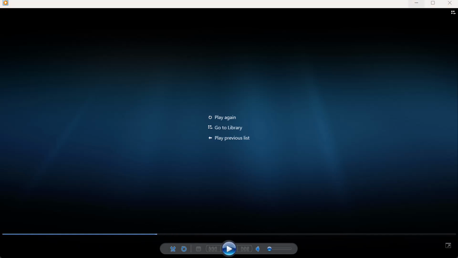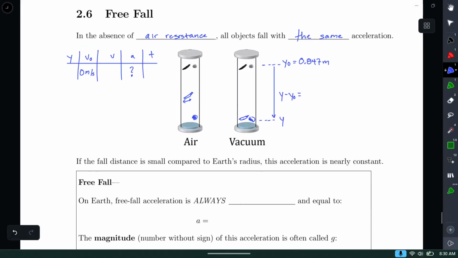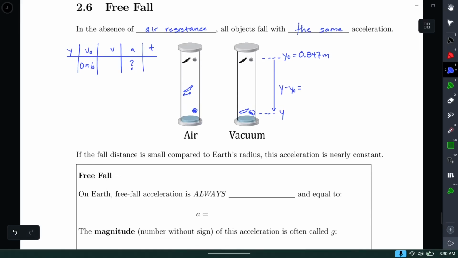I have a video to show you for this one in a minute, but that's what this is over here. Of course, I'm not in a vacuum chamber. We don't have the budget for that, but as long as we assume air resistance isn't making a big change, this is okay to do. So the height of that drop is going to be 84.7 centimeters, and then it's going to fall down to 0 meters.